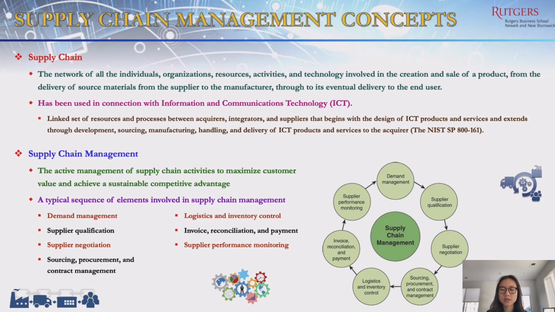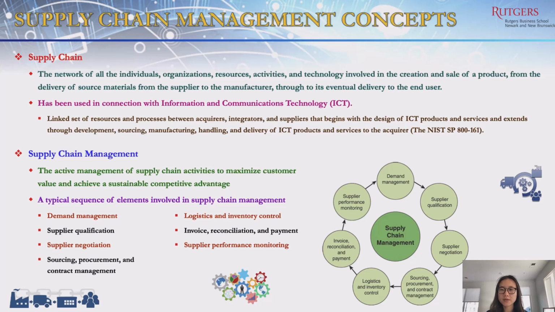And the fourth element is sourcing, procurement, and contract management. Sourcing refers to the selection of suppliers, while procurement is a formal process of purchasing goods and services. Contract management is a strategic management discipline employed by both buyers and sellers whose objectives are to manage the expectations and relationships between them.